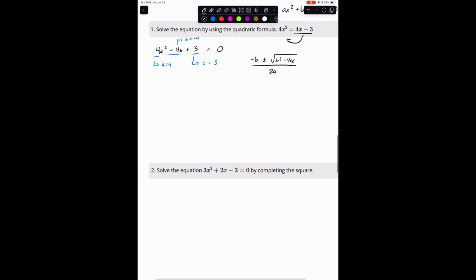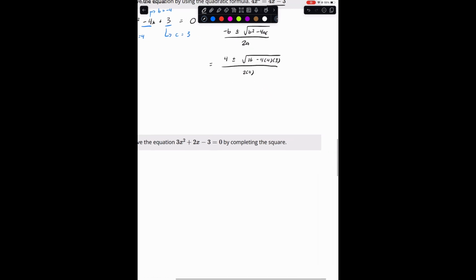We would then get a positive 4, plus minus, what is it? B squared is 16 minus 4 times 3, over 2 times 4. So inside of the radical, we get 16 minus 48 over 2 times 4. Let me double check something.